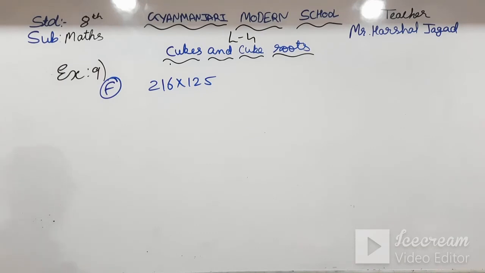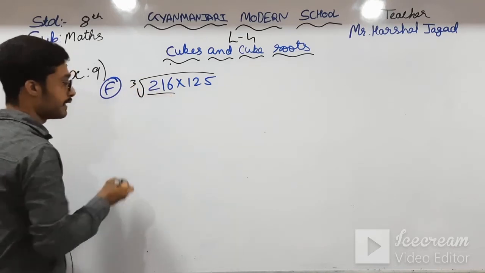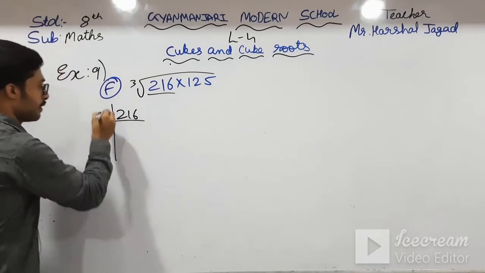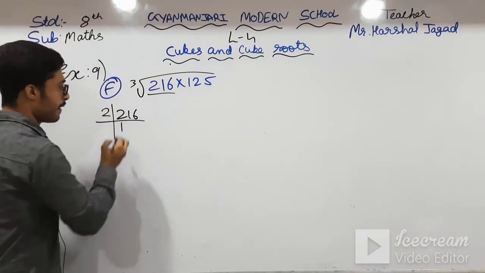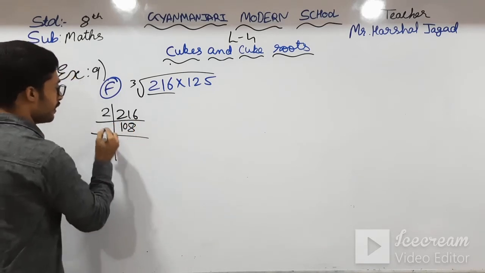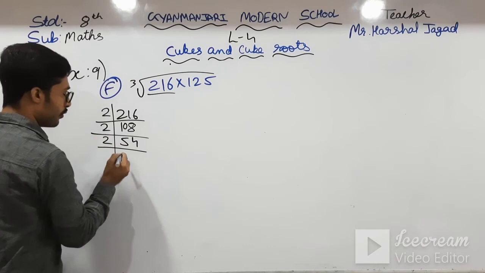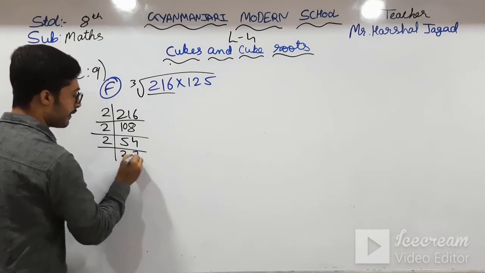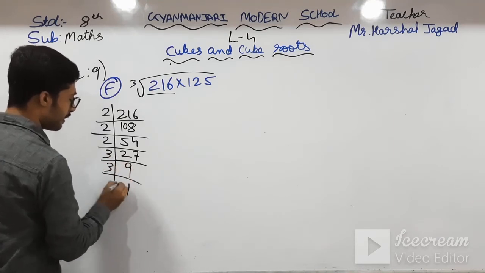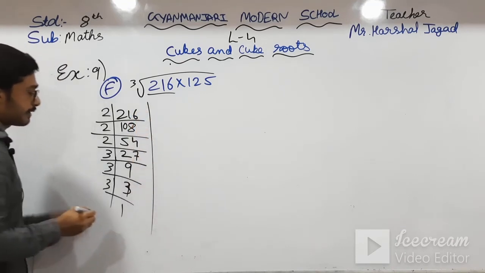Okay students, so what we will do, first of all we will take the factors of 216. What is the factor of 216? 2 1s are 2, 2 8s are 16, 2 5s are 10, 2 4s are 8, 2 2s are 4, 2 7s are 14. Now with 3, 3 9s are 27, 3 3s are 9, and at last 3 1s are 3. These are the factors of 216.